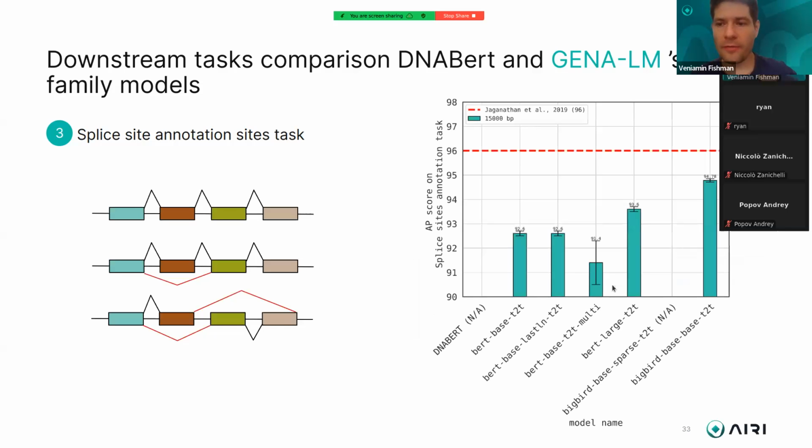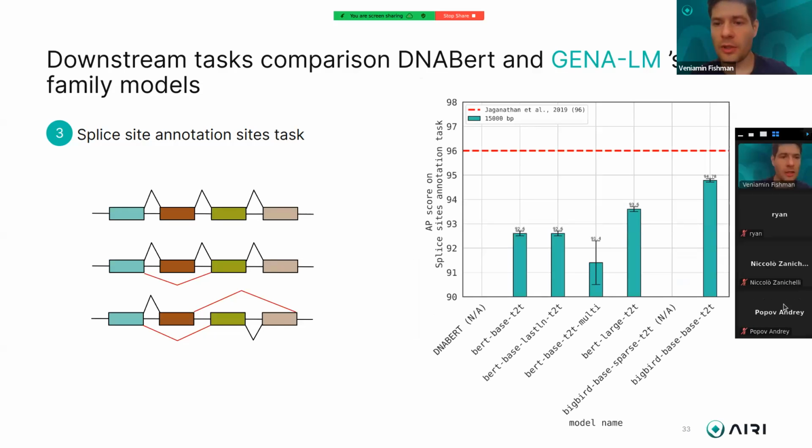So what we have as a result, now it's not as optimistic. GENA performs quite well, but not on the level of the state-of-the-art convolutional neural network published by Illumina in 2019, SpliceAI. So the performance is slightly lower even for the best GENA model.